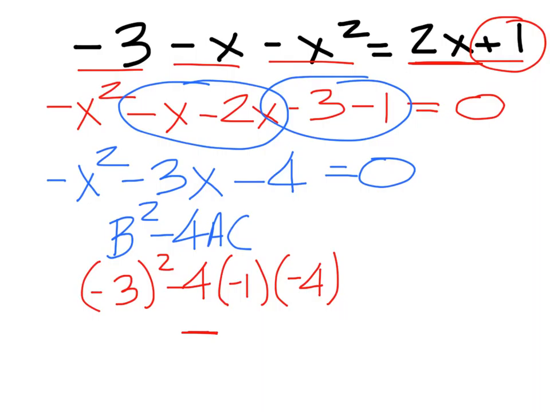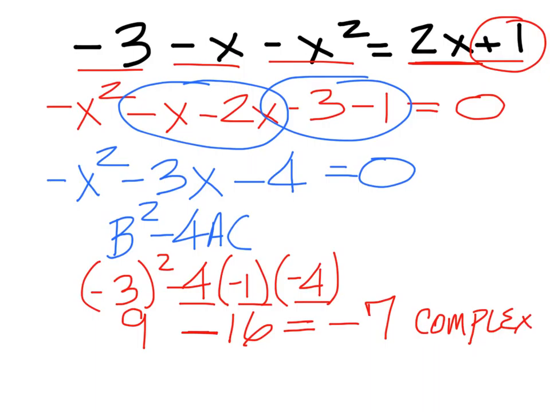So negative 3 squared is 9. And then we have minus 4 times 1 times 4 is 16. So what is the discriminant? Negative 7. And what does that tell us? It's not real. It'll be complex.